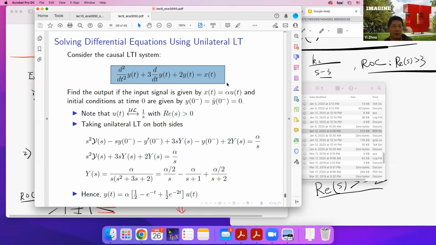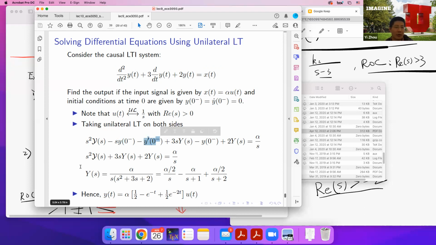Given a system, the input signal and some initial conditions, we want to solve this equation and figure out the output signal. You apply the unilateral Laplace transform, which involves these initial conditions.